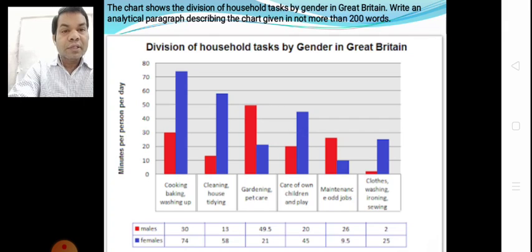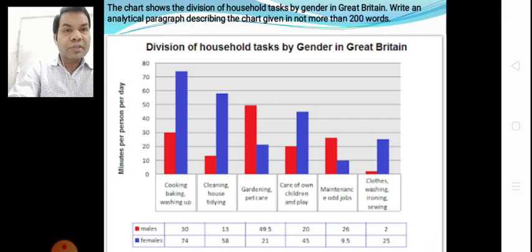Male cooks, bake or wash up, these works are done by men for 30 million, while women about more than 70 million. So thus you can say this information is given in the data.